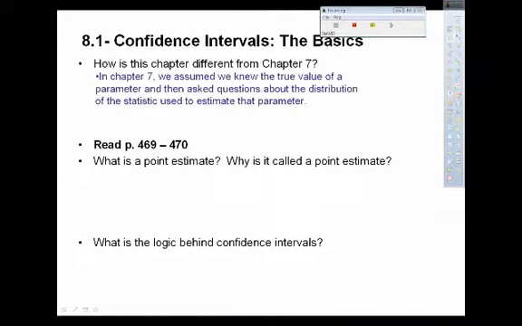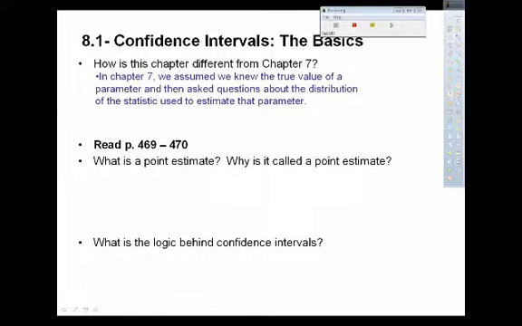In Chapter 8, we're no longer going to pretend that we know the true value of the parameter. We start with a more realistic situation where we know only the value of the statistic. Because really, when we're doing statistics, we're going to know our sample mean, and we'll have to estimate what the population mean is.